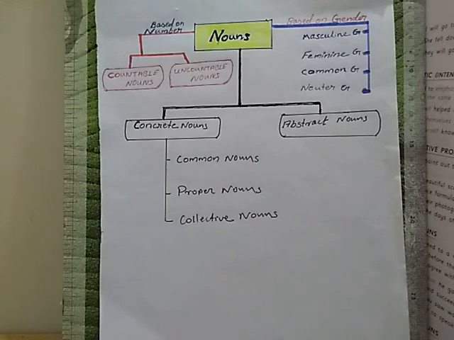Then vocative case. A noun used to address a person or thing is said to be in the vocative case. Listen to me, Rohan. Just addressing Rohan. That kind of noun in the sentence is called a vocative case.